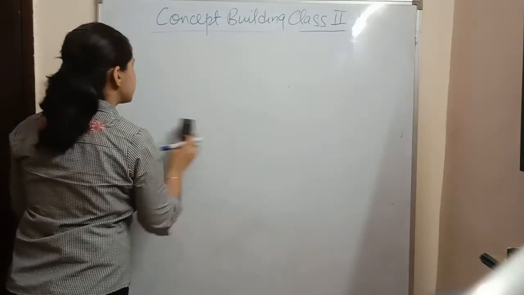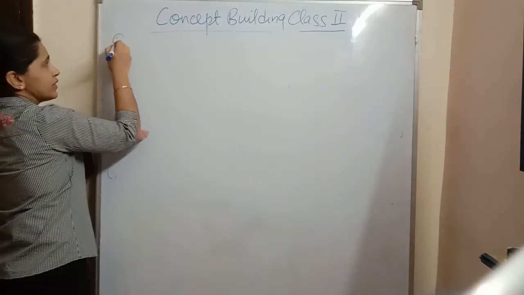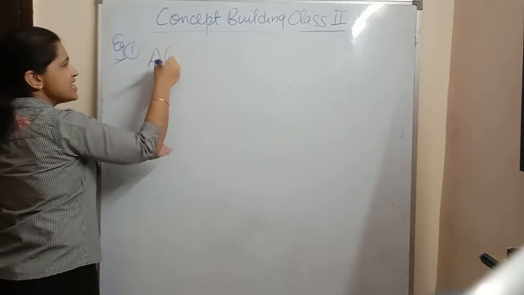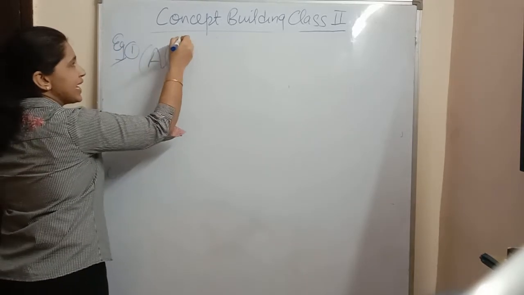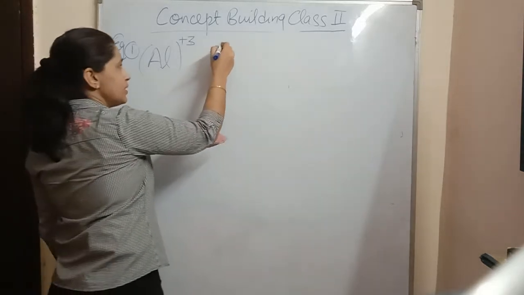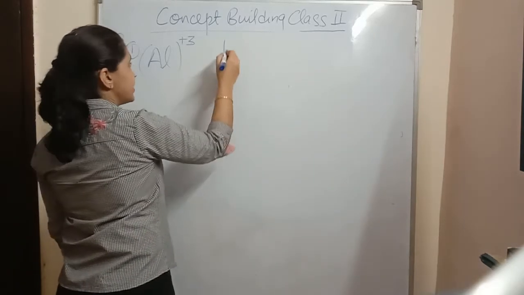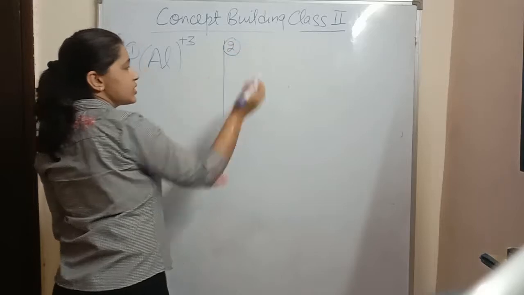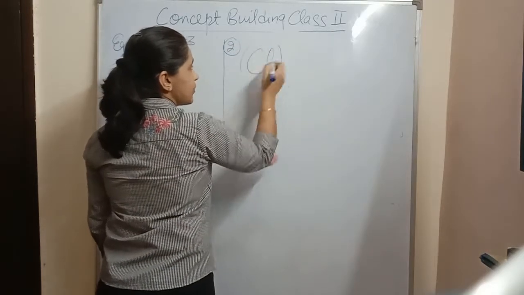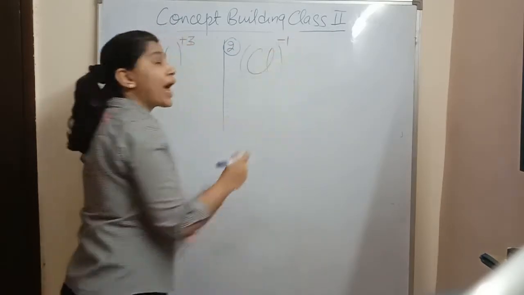Three examples. Example number 1 is aluminium ion, Al plus 3. This is the first example. The second example is chlorine, and better I am writing chloride ion.